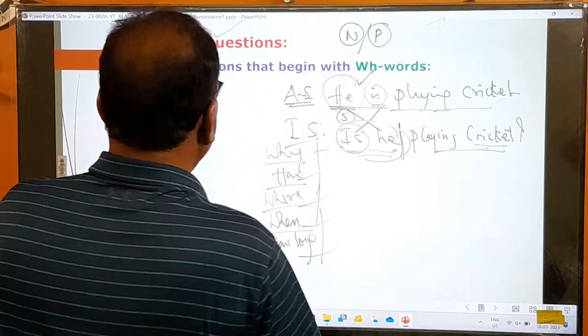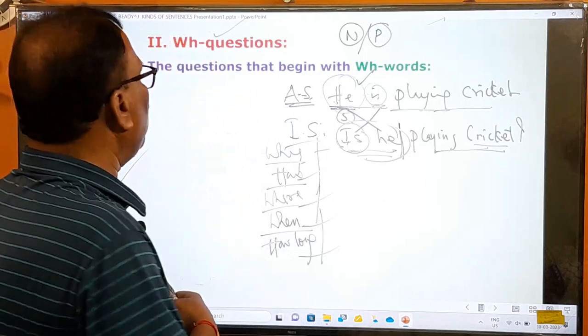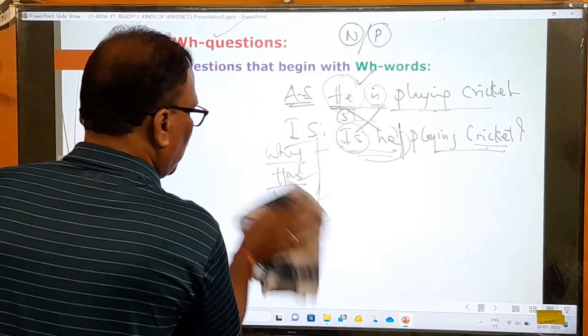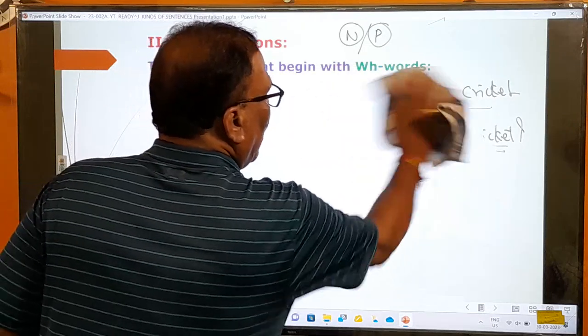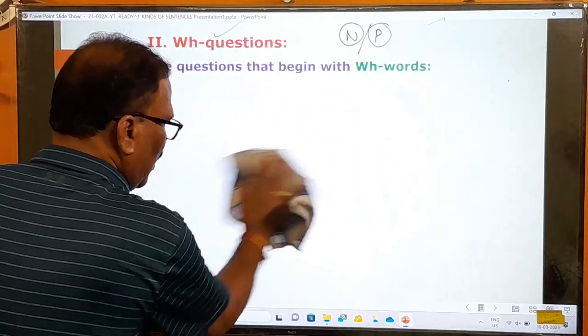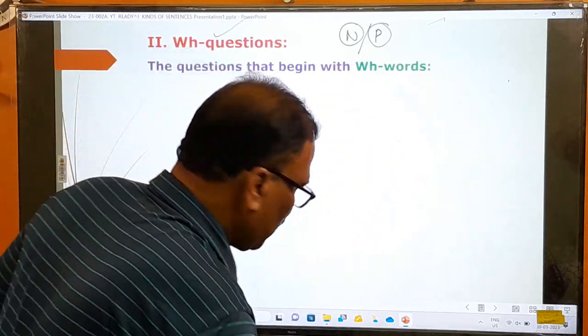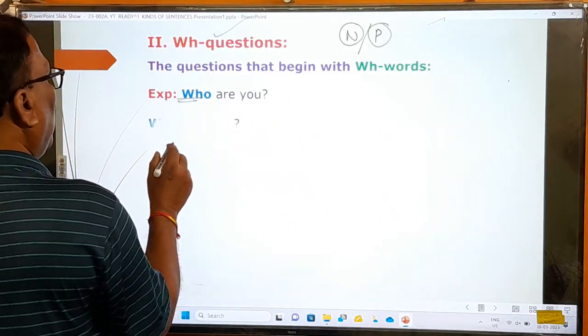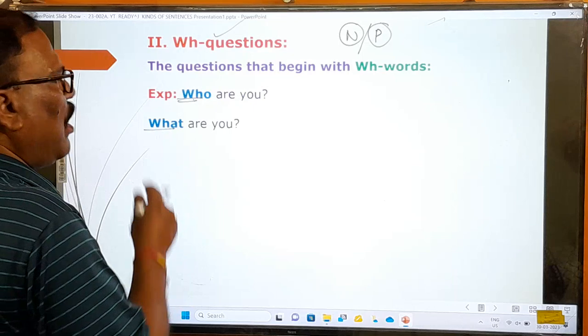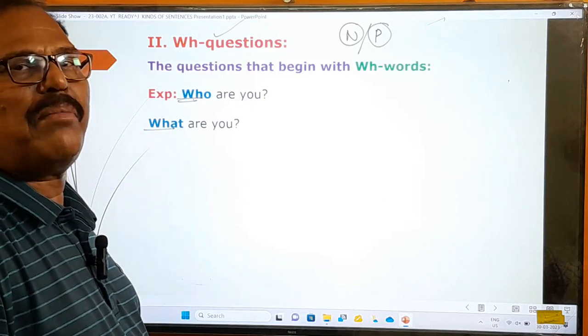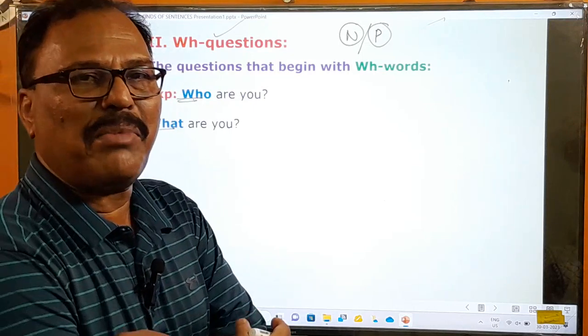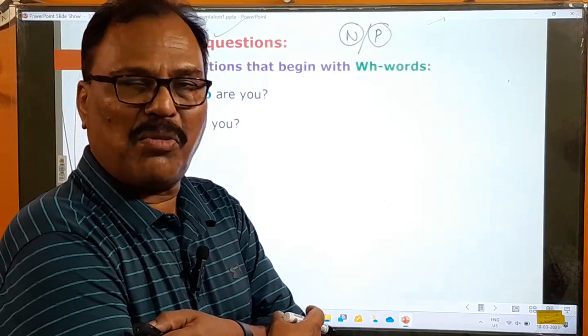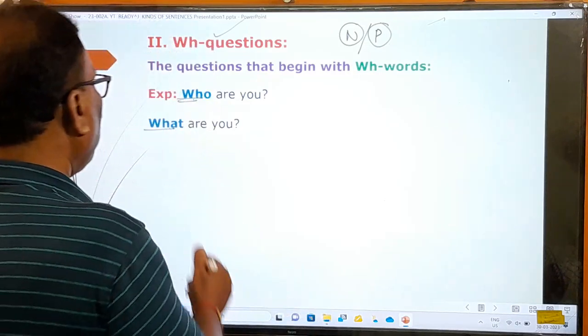Now let me give you some examples to make you understand the WH questions. I'll talk to you about these questions in another video, and now you just see that. So, who are you? And here you see, what are you? Who are you means you must tell your name. Hey, Mister, who are you? Sir, I am Ramesh, sir. I am Mohan, sir. Something like that. What are you?